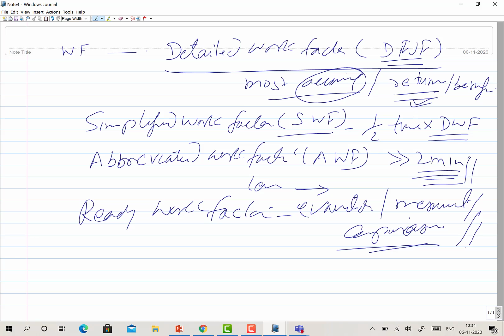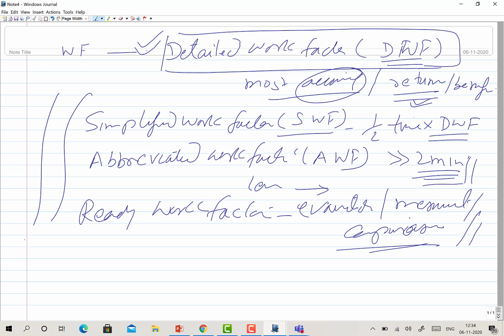So we will be talking about the example related with the detailed work factor method. Others are somewhat simpler, they take less time. So we will try to learn the things as far as the PMTS is concerned using the detailed work factor approach.